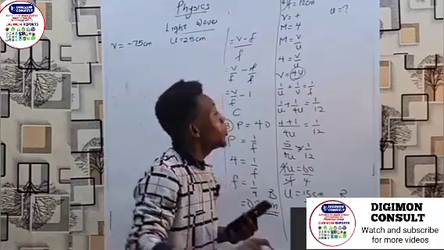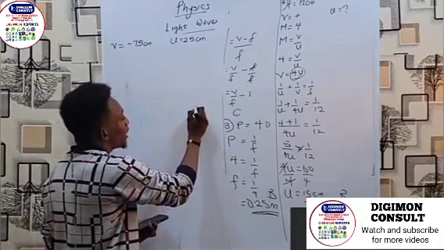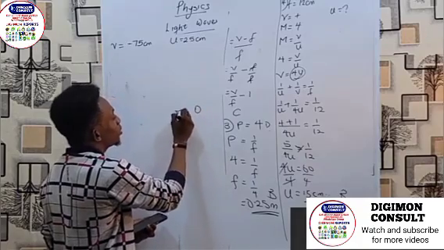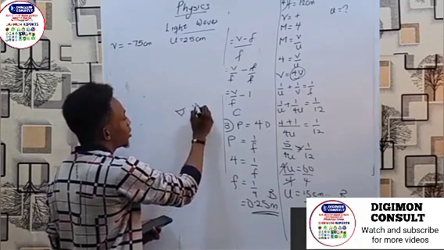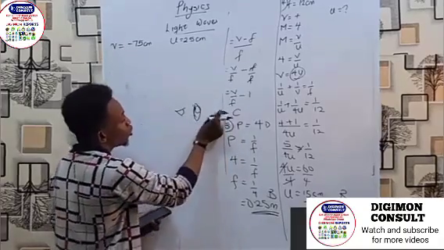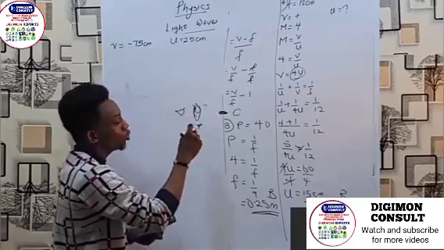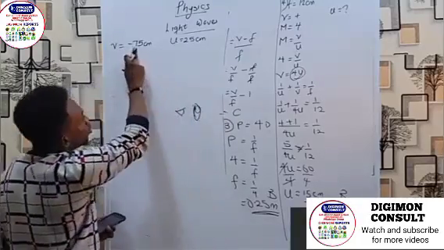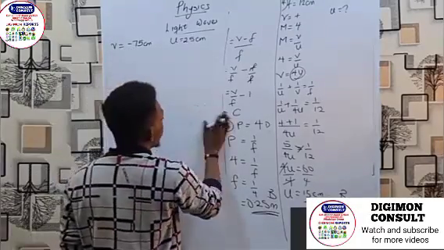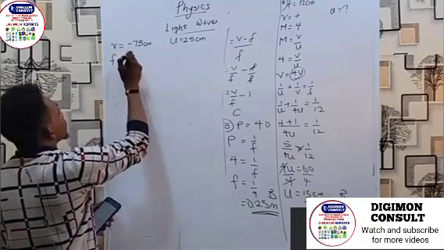That's it. So based on how he sees it, that object is not on the same side as him. If his eyes are here, this is his lens. That object is this way on the other side. So when it becomes the image distance, because it's on the other side, it's going to be negative, a minus sign. Hence we have minus 75 centimeters, while the object distance is now the 25. We have to find the focal length.